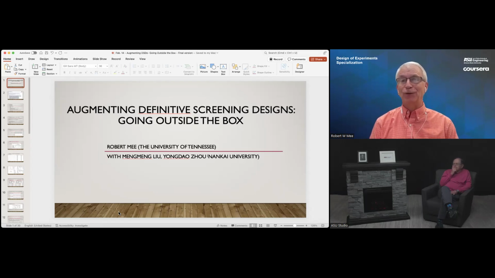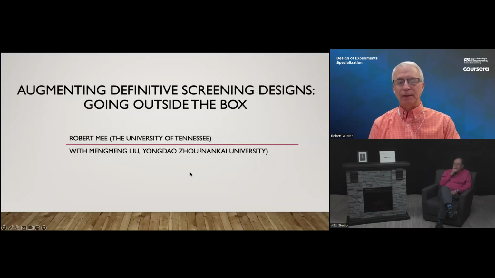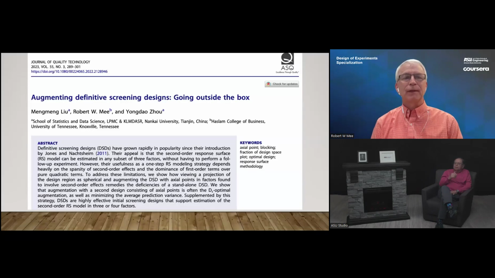It's new tools that have been developed in the last 12 to 15 years. And this talk is based on a JQT paper. It's co-authored by Mengmeng Liu and Youngdao Zhou, who are both at Nankai University.